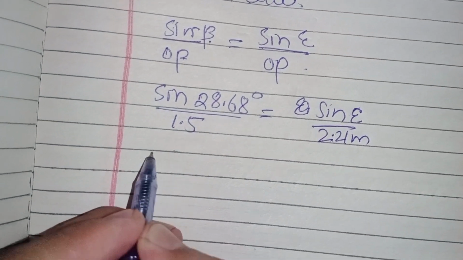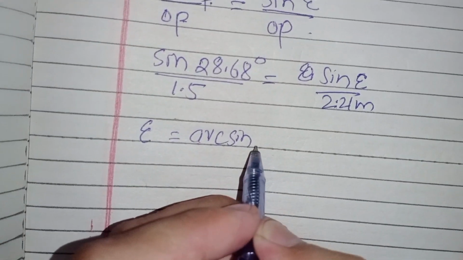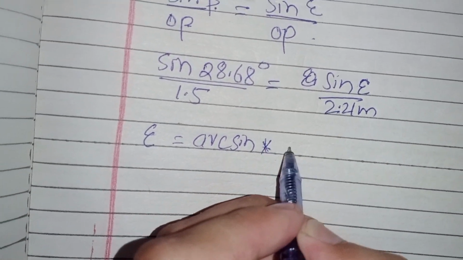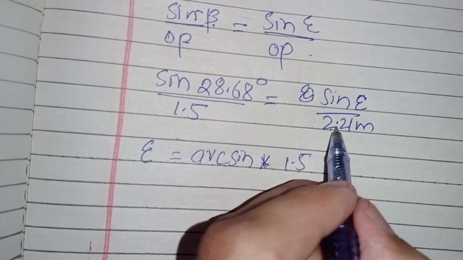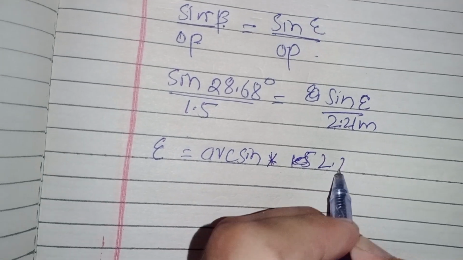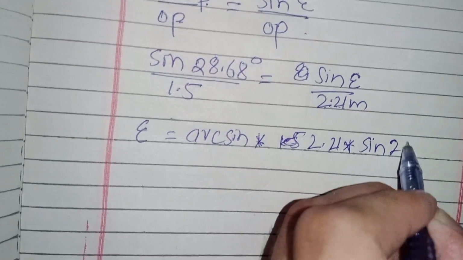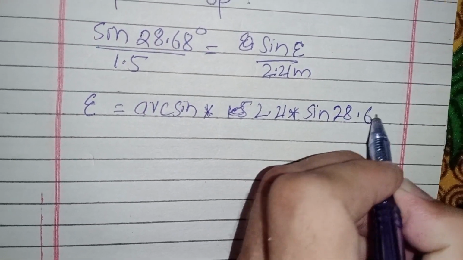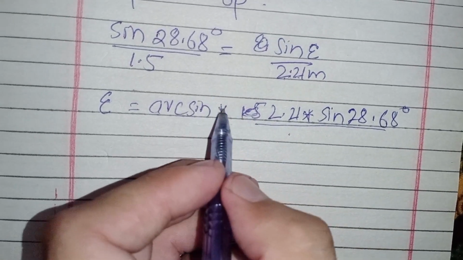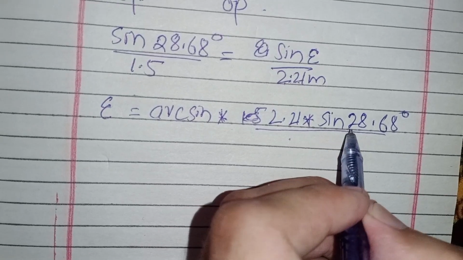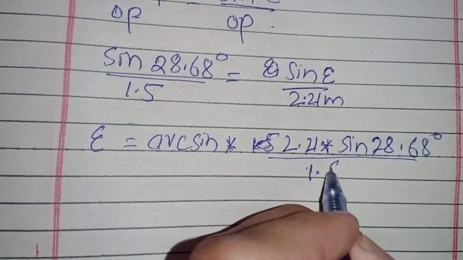So Z equals arc sine of 2.21 into sine 28.68 degree divided by 1.5.